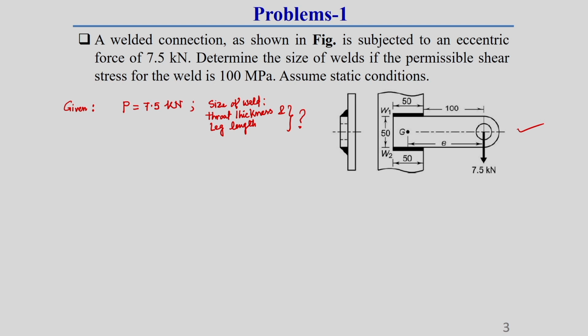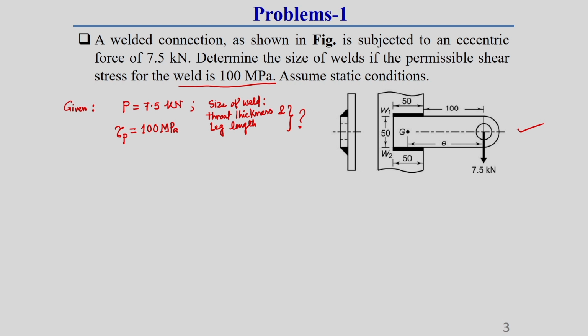What are the things given? The permissible shear stress of the weld material is 100 MPa. So, another given parameter is tau p, the permissible shear stress of the weld material, 100 MPa.